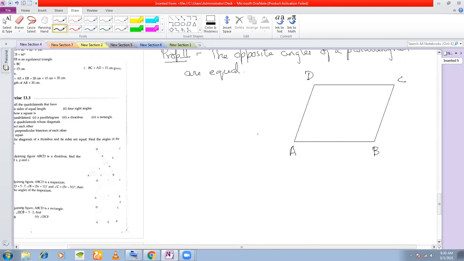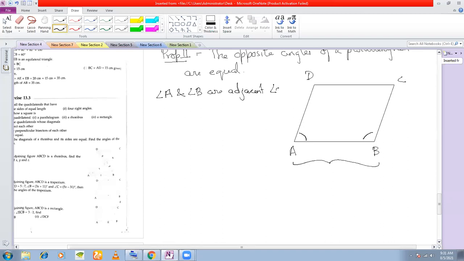Now, first understand the concept of adjacent angles, and then we'll understand the concept of opposite angles. You see these two angles here. Which side is common to both these angles? AB, right? So we say that angle A and angle B are adjacent angles. Is it clear?